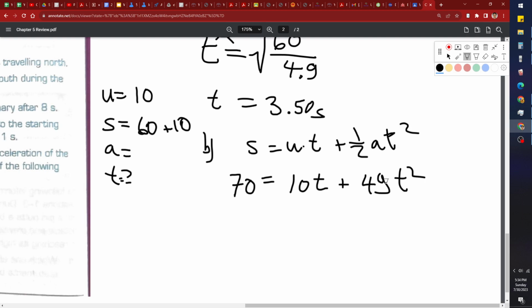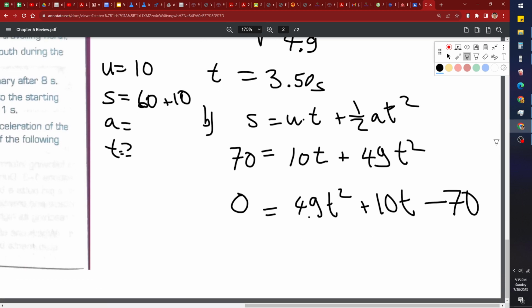Okay, so now we have three numbers, and to solve for this, we need to make everything to one side and make it equal to 0. Okay, so it's easiest when this is positive, so we'll keep all this on that side. This is 0, we got to bring this over, move this to the front, so 4.9 t squared, and then this one next is positive, and when you move this over, it'll be minus 70 instead of positive.